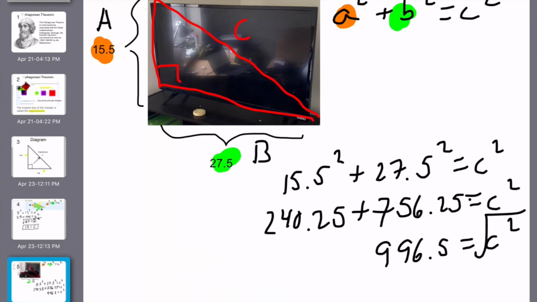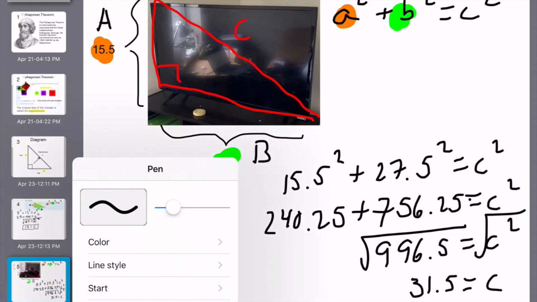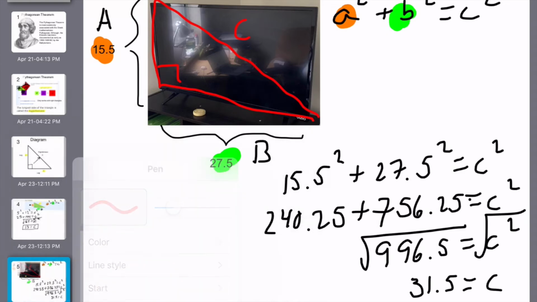And now I have to take the square root of both sides in order to get c by itself. And the square root of 996 and 5/10 actually comes out to be roughly 31 and 5/10, which is, when I measured with my tape measure, roughly what I came out to be, 31 and a half. So they might round this up and call this a 32-inch TV.